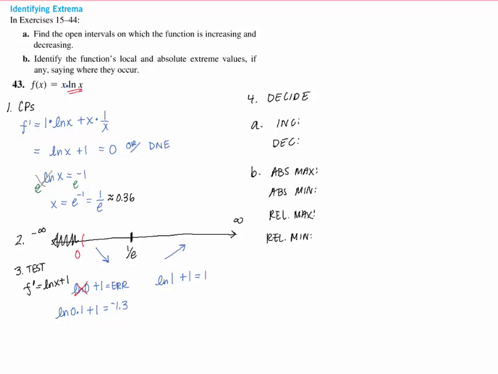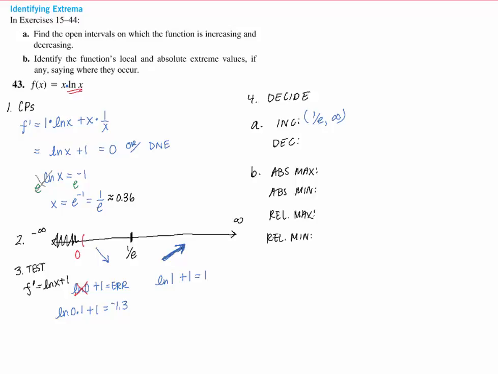So first we realized that the function was increasing from 1 over e to infinity, and that's indicated by the fact that the test point we used in the first derivative on this interval was positive, and in fact any point we used in the first derivative between 1 over e and infinity would still be positive. If we use 6 or 12 or pi, we would still get a positive value because the tangent lines there have positive slope, which means that the function's increasing.